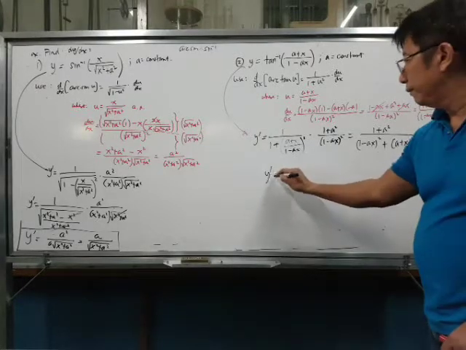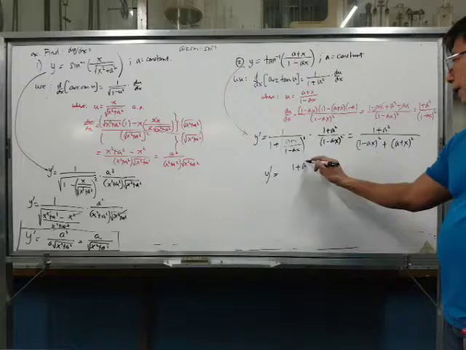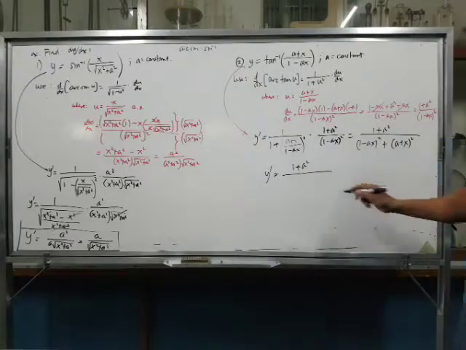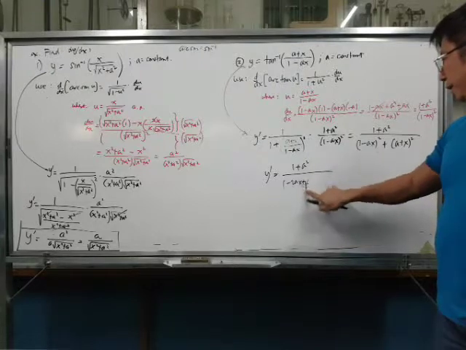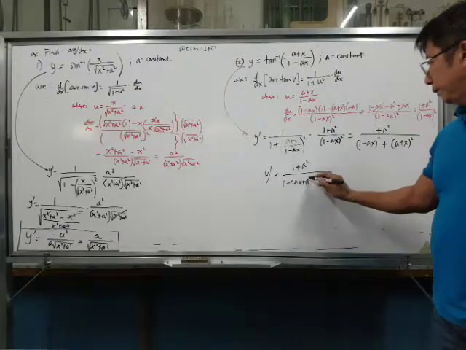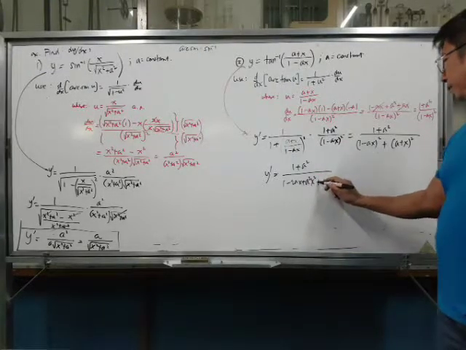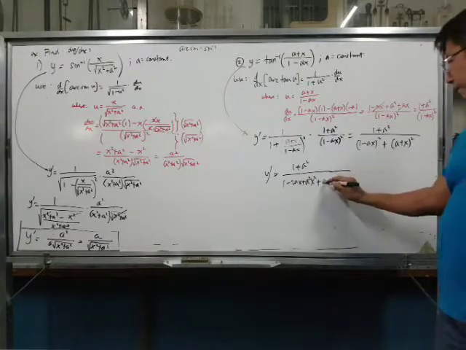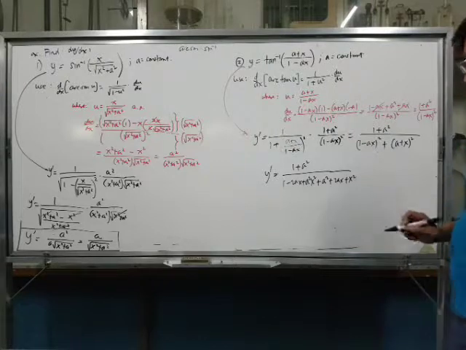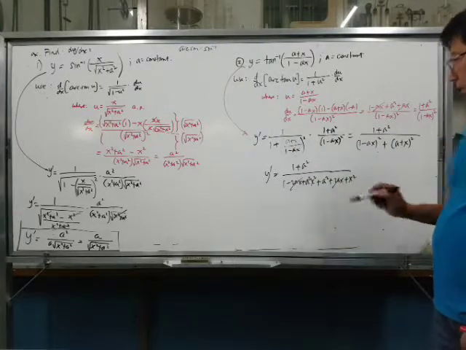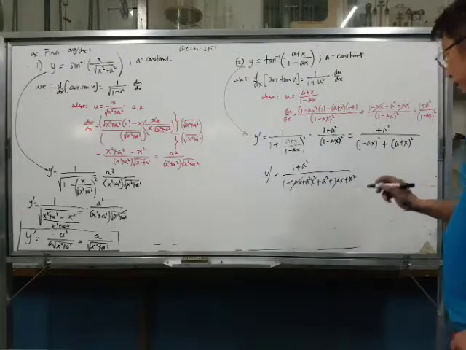So simplifying further, we have 1 plus a squared divided by 1 minus 2ax plus a squared x squared, plus a squared plus 2ax plus x squared. I think we can cancel negative 2ax and plus 2ax.